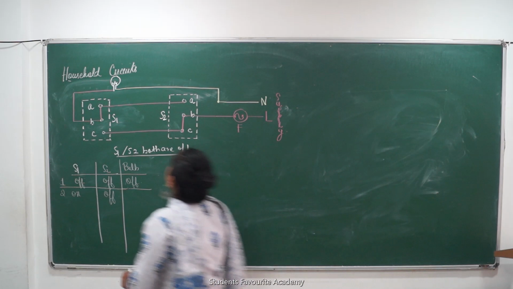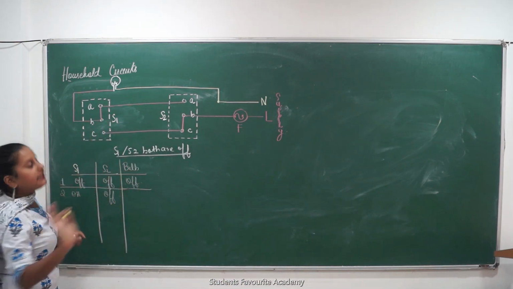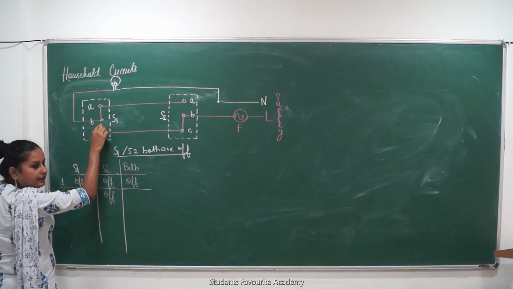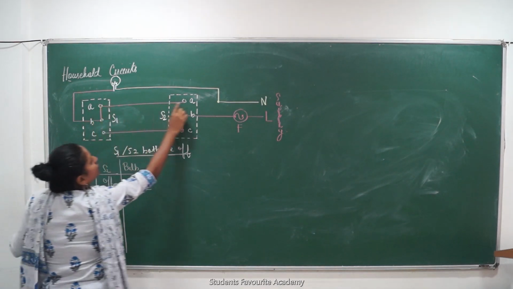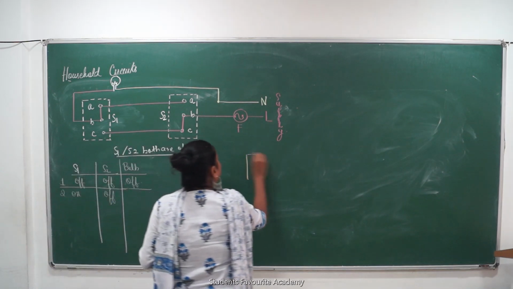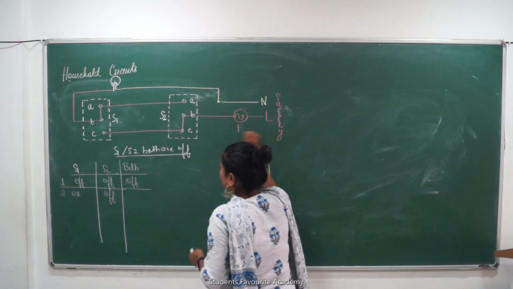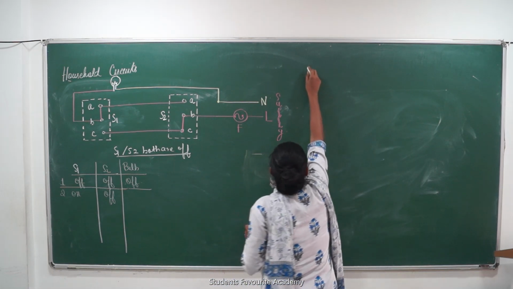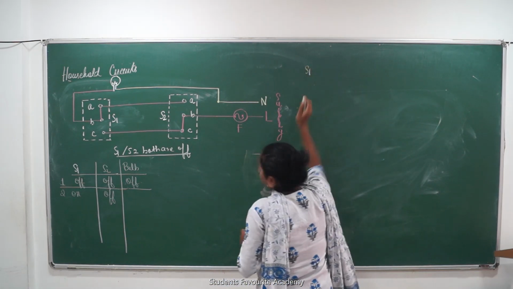Let's see the circuit. What is happening is this A and B are connected, and after that it is going to this A. Instead of that, when S1 is on, मैं दोनों condition बता देती हूँ.